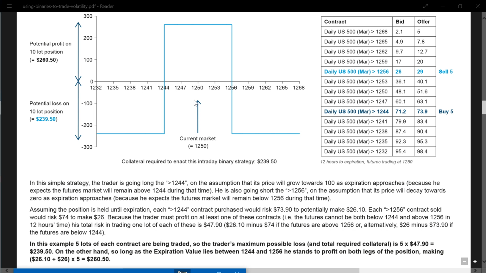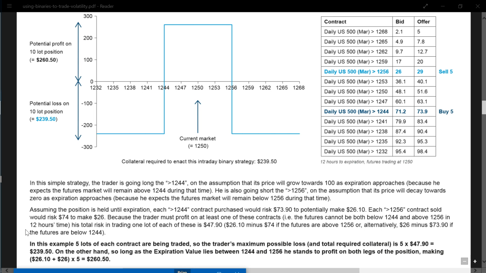In this strategy, the trader is going long the greater than 1244 on the assumption that price will grow towards 100 as expiration approaches, because he expects the futures market will remain above 1244 during that time. Current price is 1250, and he's going long at 1244. He is buying this one because he feels that price will stay above this. So this is his buy at 1244.